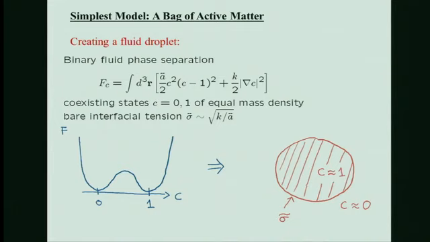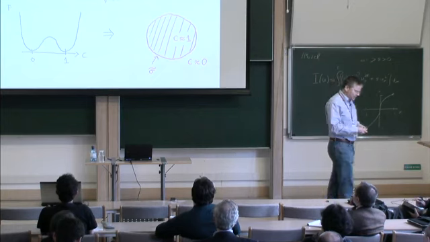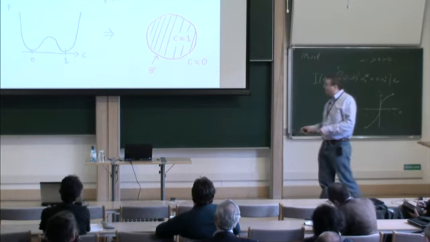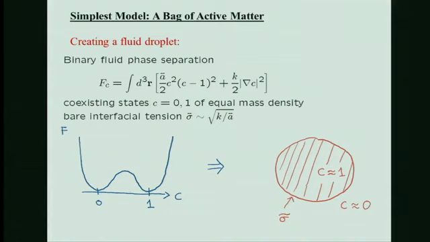And the next thing we want to do is confine this. So I'm going to have some of this stuff and confine it. The biologically honest way to do that would be with a membrane, but I'm going to do something simpler, which is to just put it inside a fluid droplet. So I imagine that I've got a binary fluid, a fluid with two components which are immiscible.